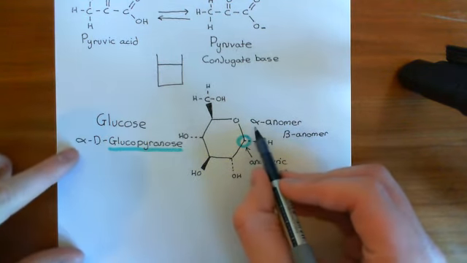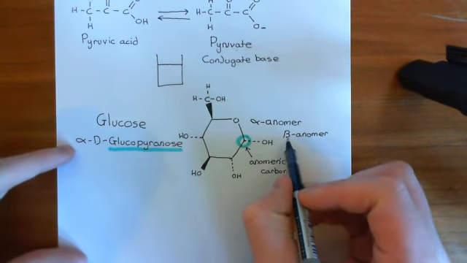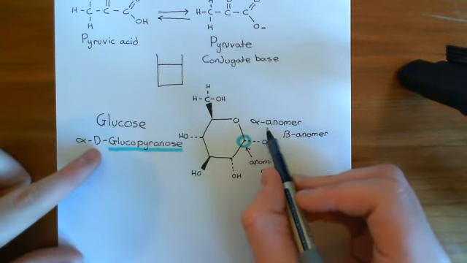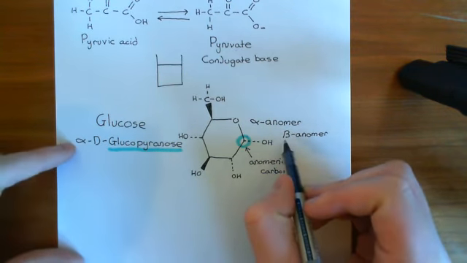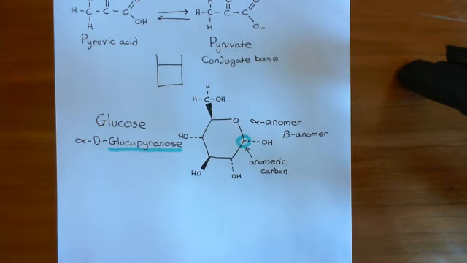So you do find in biological systems alpha D-glucopyranose and beta D-glucopyranose, but you don't find alpha L-glucopyranose and you don't find beta L-glucopyranose. So there are overall 4 optical isomers of glucose: alpha D-glucopyranose, beta D-glucopyranose, alpha L-glucopyranose, and beta L-glucopyranose.